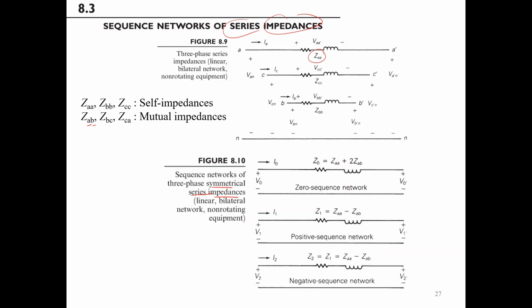You can see that in the zero sequence, the mutual impedance will be added to the self impedance twice. Whereas in the positive and negative sequence, the two impedances are the same, which can be derived from the self-impedance of the phase A subtracted by the mutual impedance between phase A and B. Okay, so we just give this result.